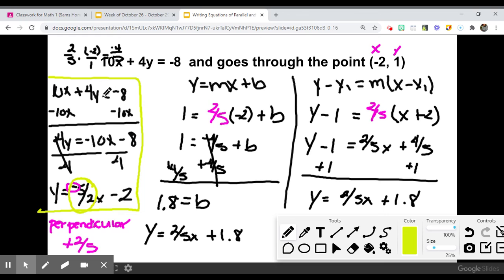And in this particular formula here, you couldn't see that, so you needed to solve for y first. After that, you're going to use your given information, read the question to see if it's asking for a parallel or a perpendicular line, and then you can choose whether you want to plug the information into y equals mx plus b, or if you want to use point slope, y minus y1 is equal to m times x minus x1.